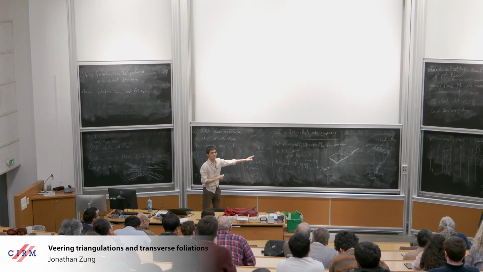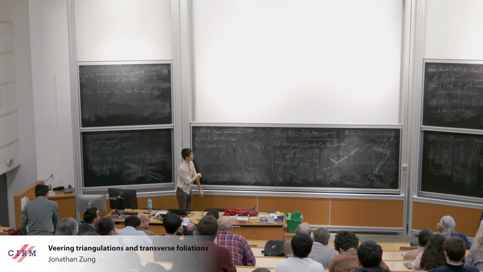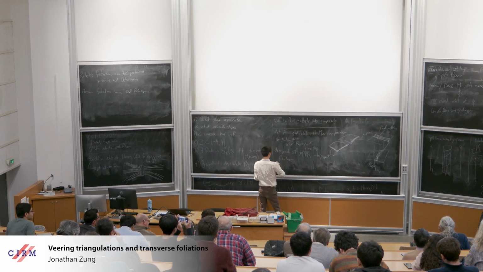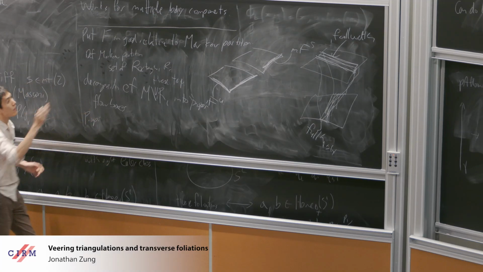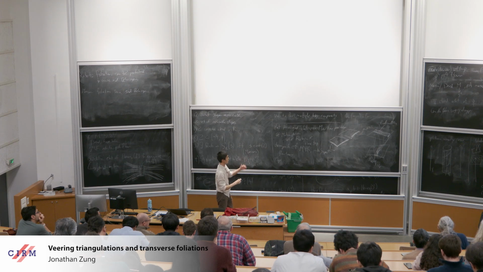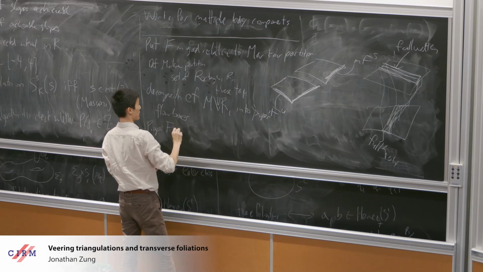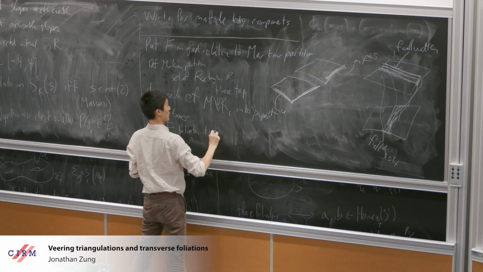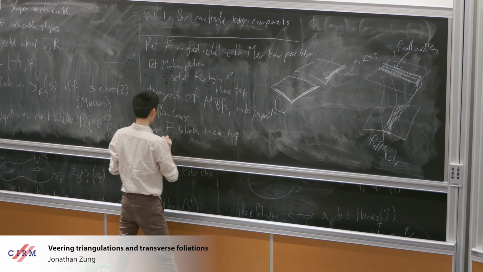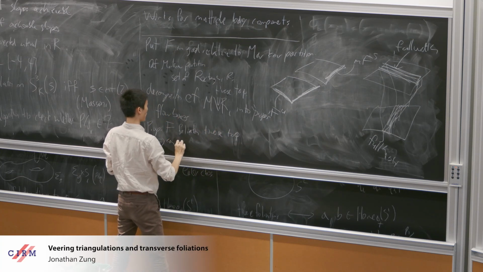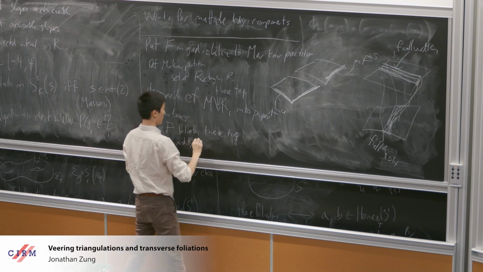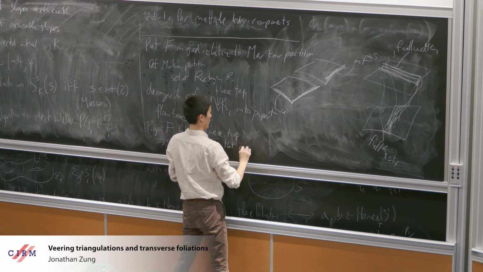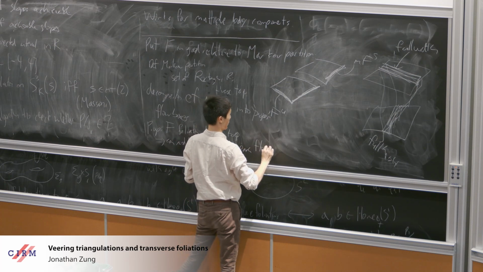Okay, questions about the setup here? Okay, so here's the main proposition. Given a foliation F transverse to phi, then we can modify the R_i's so that each flow box is trivially foliated.